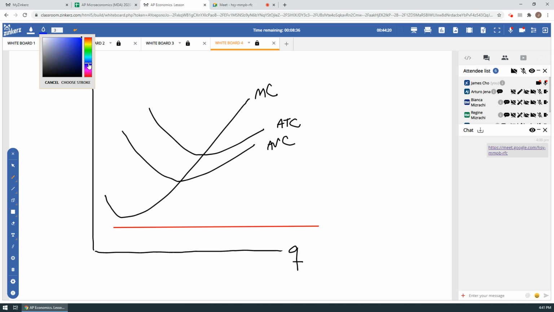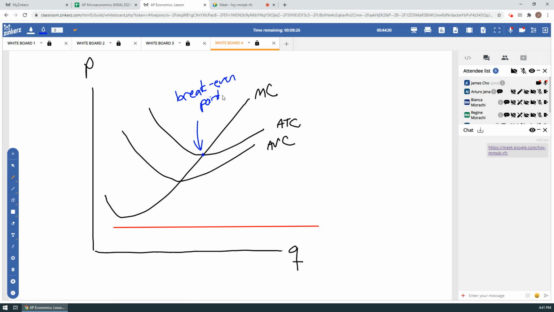Okay, we call this the minimum point of ATC. We call that the break-even point. Breaking even just means you cover all of your costs. So whenever you're above the break-even point, you're earning profits.